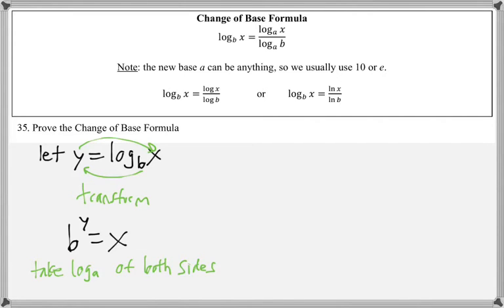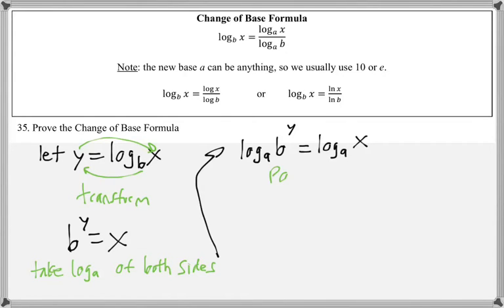So we are allowed to take the logarithm of both sides. So this is going to be log base a of b to the y is equal to log base a of x.